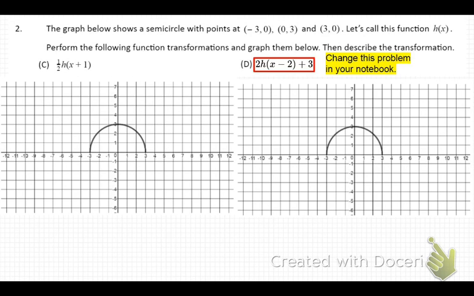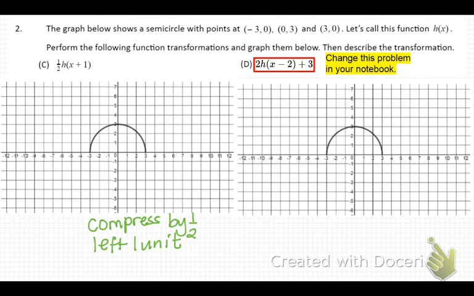So C, what is that transformation? Help me out. What happens first, second? What are the things that are going on? Stretch by 1/2? Compress. This one is going to be a compression. So compress by 1/2, and then what? Is that the only transformation? Or do I have to move somewhere? Left 1 unit.